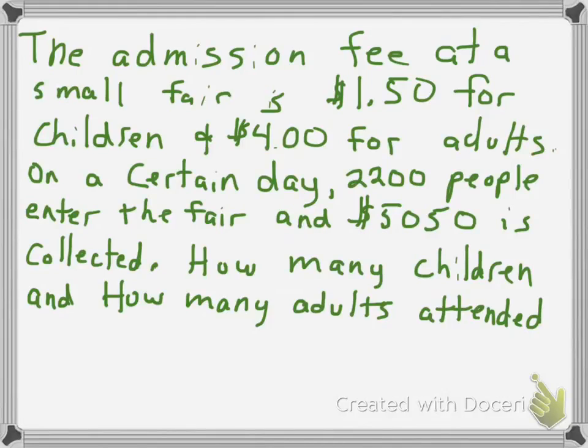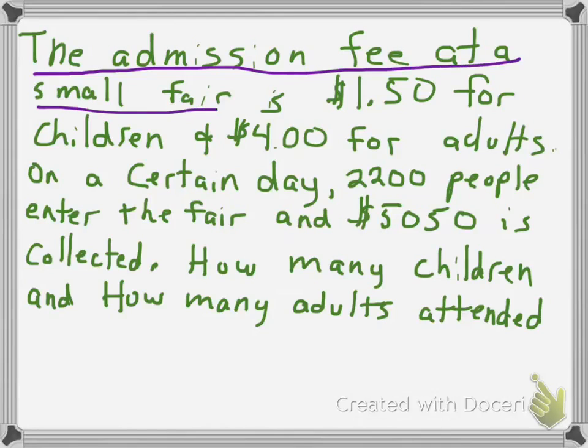Alright, so looking at this problem gives you pieces of information that you need to use in order to solve. Let's look at the first thing I know. The admission fee at a small fair is $1.50 for children and $4 for adults.